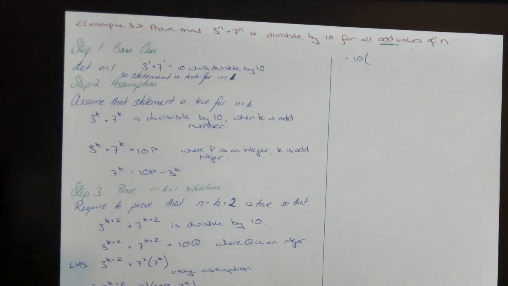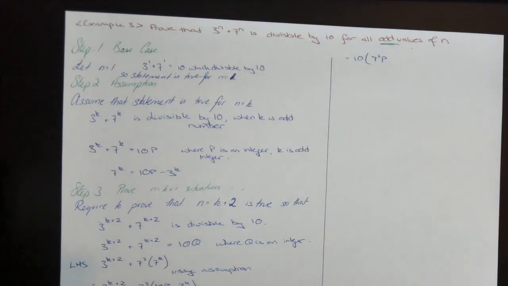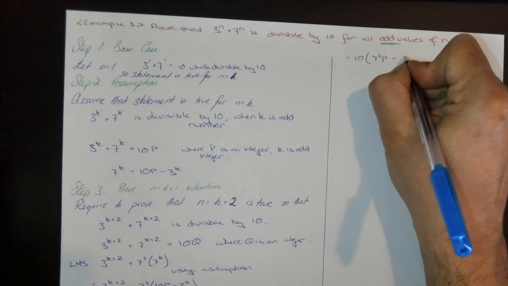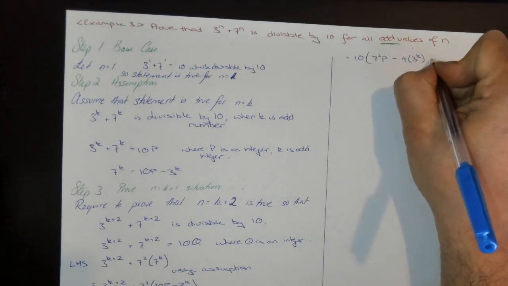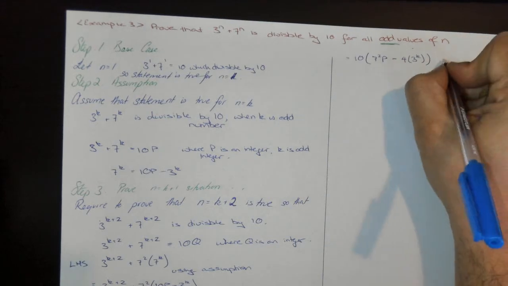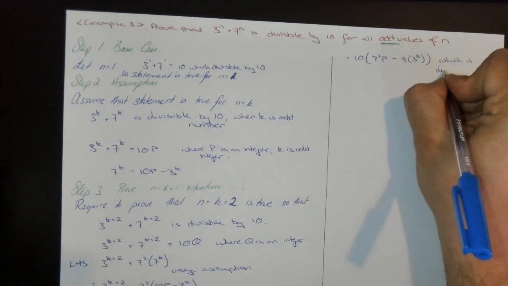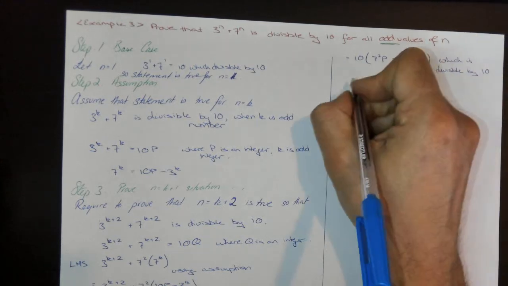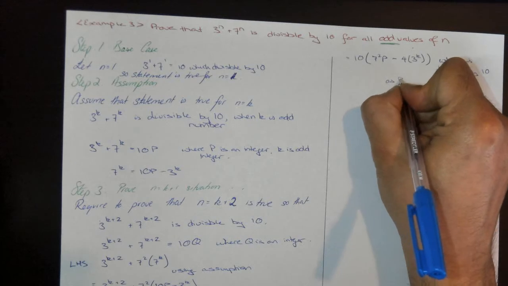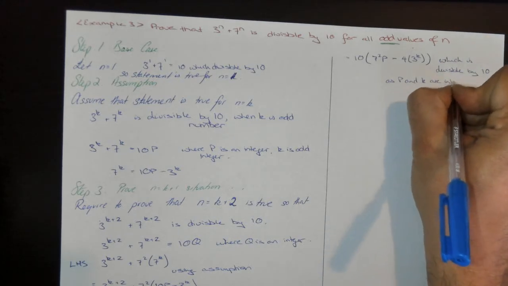If I took out a factor of 10, I get 49p minus 4 lots of 3^k, and that is divisible by 10 as p and k are integers.